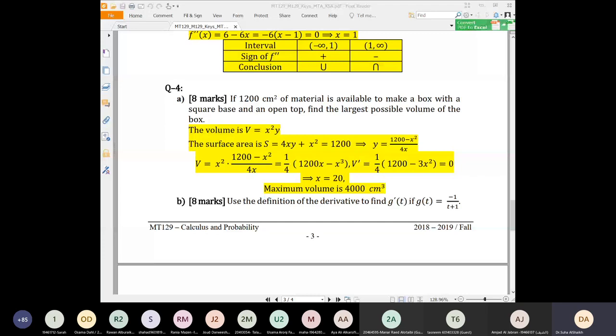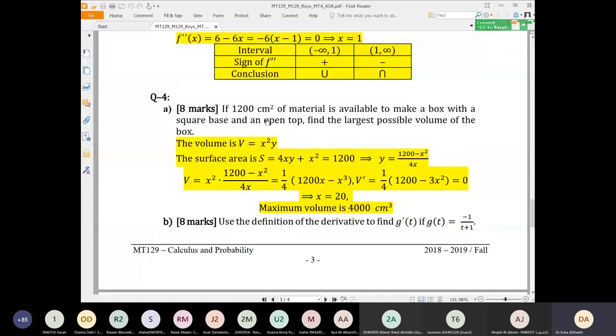Check this question, you see? This is from a previous year's midterm. They are giving you this question.